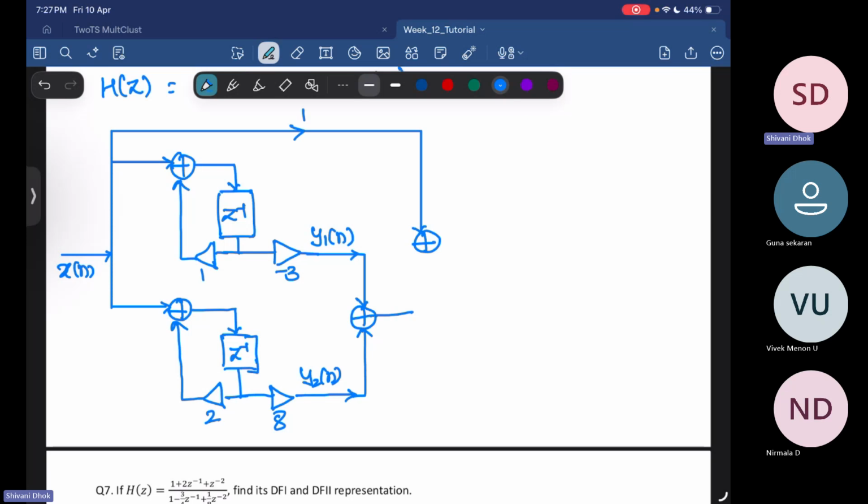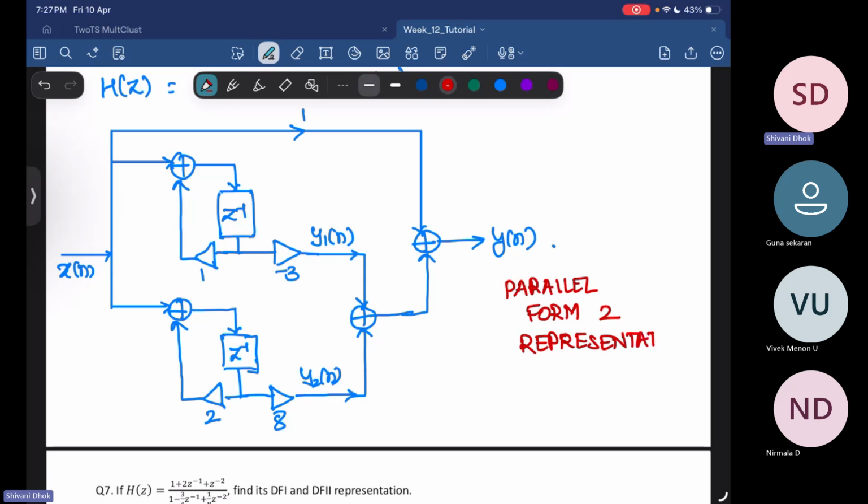So this is your parallel form 2 representation of this particular system.